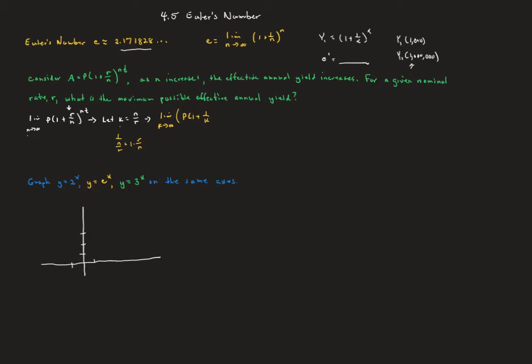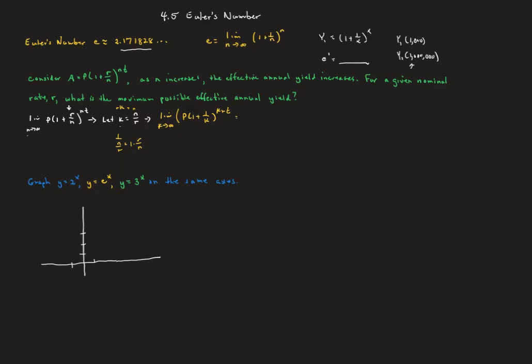Then the exponent nt, since n equals rk, becomes kr times t. So I've changed the variable, and now the white limit problem becomes the yellow limit problem.